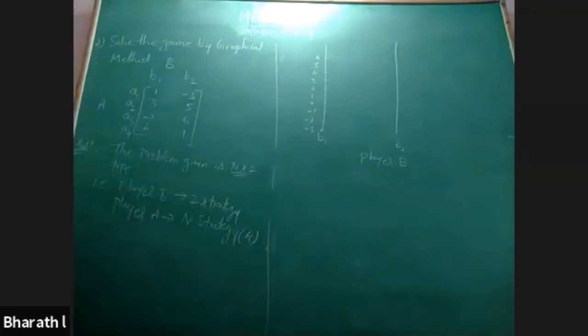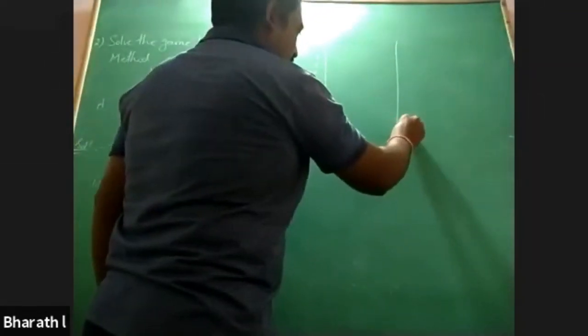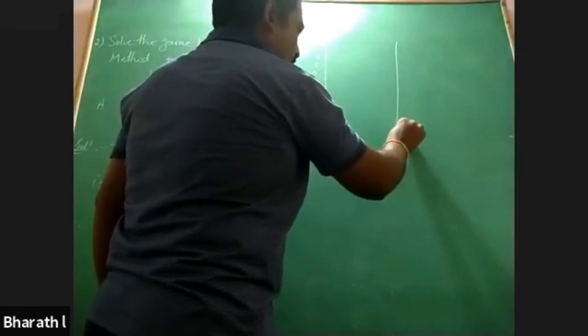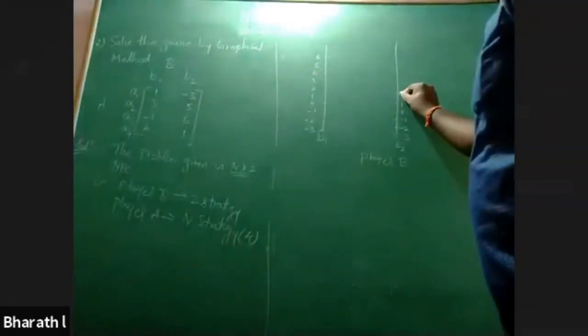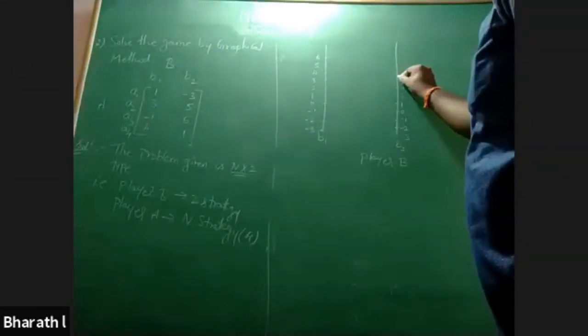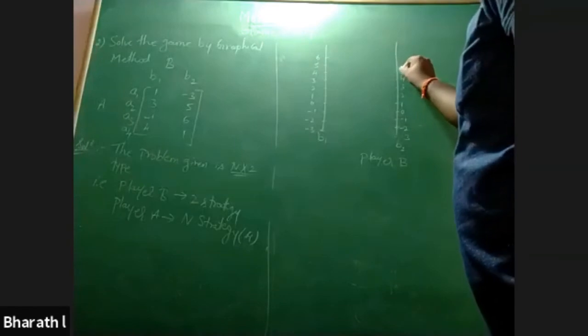In the similar line, you need to construct on B2. Here we have minus 3, minus 2, minus 1, 0, 1, 2, 3, 4, 5, and 6.